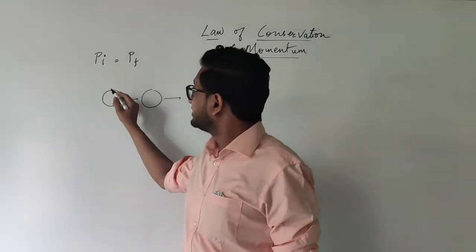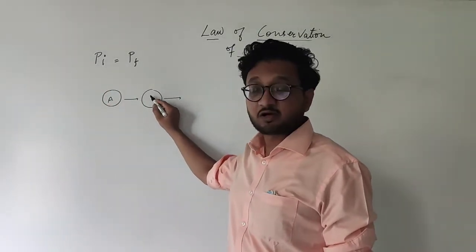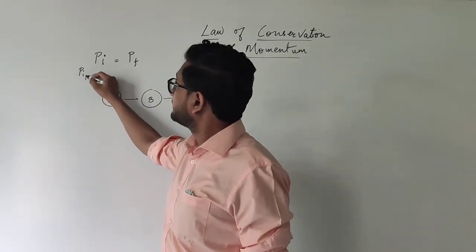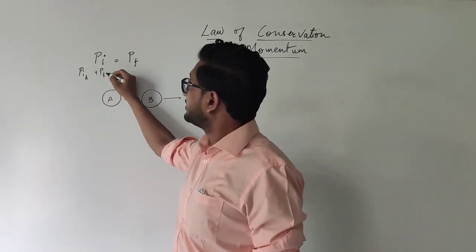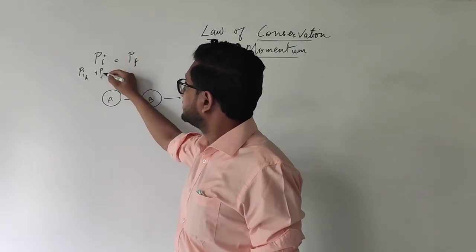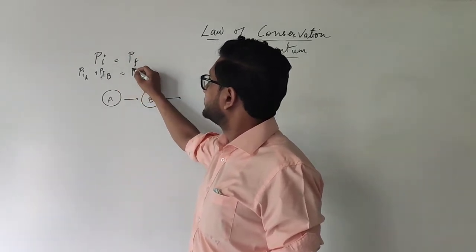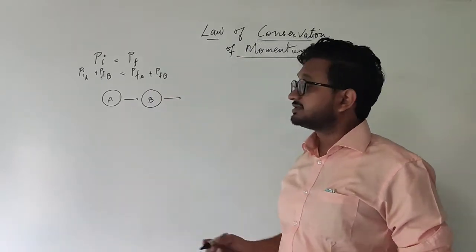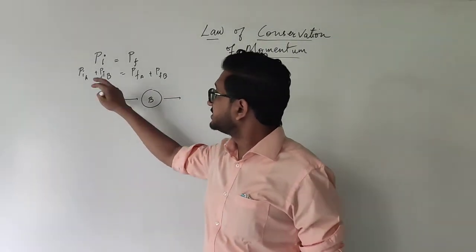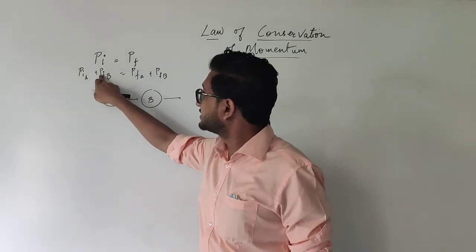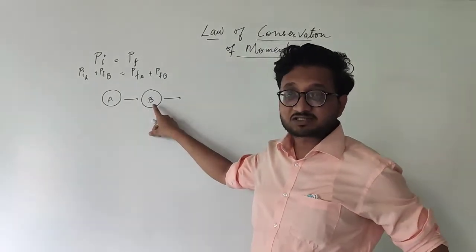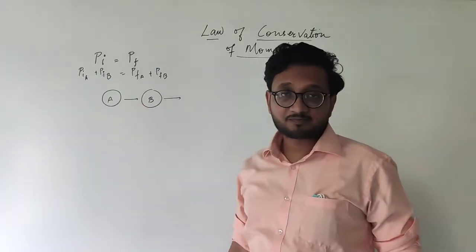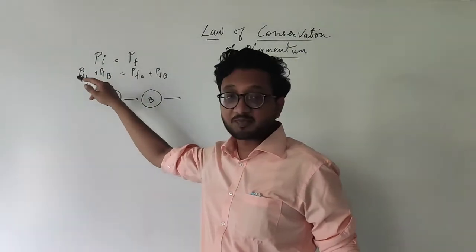Let's say this is object A, this is object B. So P initial of A plus P initial of B is equal to P final of A plus P final of B. This states that when we find the initial momentum of the first object and the initial momentum of the second object and combine them, it creates the total initial momentum.